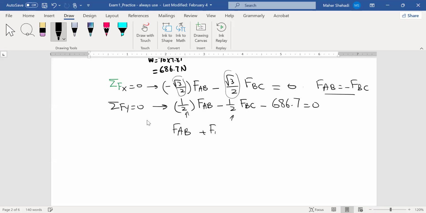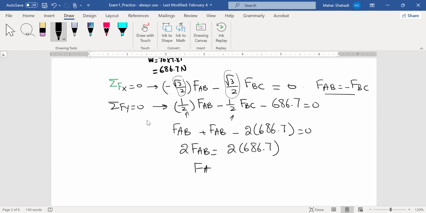That's another FAB, and then minus 2 into 686.7 equals 0. So 2FAB equals 2 into 686.7. So FAB is 686.7 kilonewtons, and FBC is minus 686.7 kilonewtons.